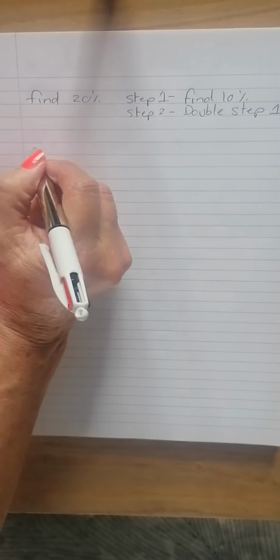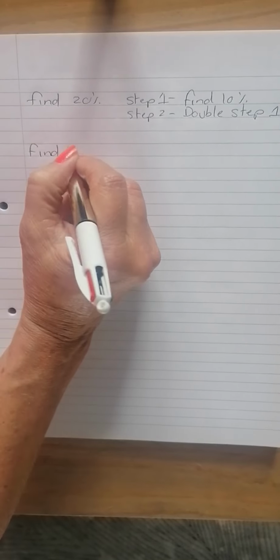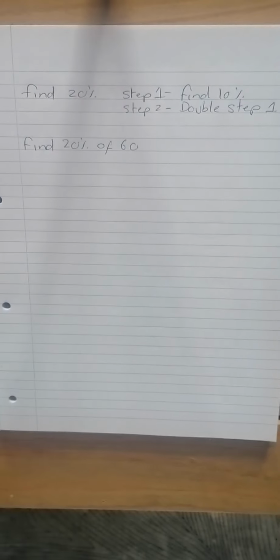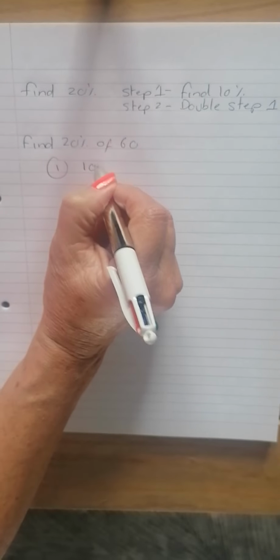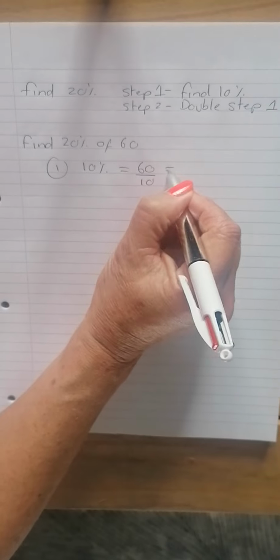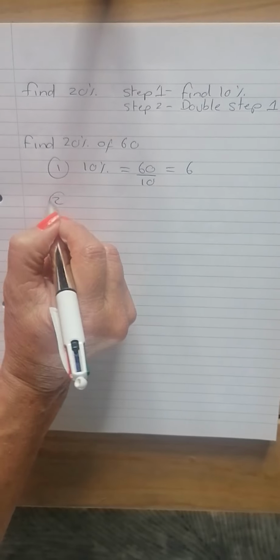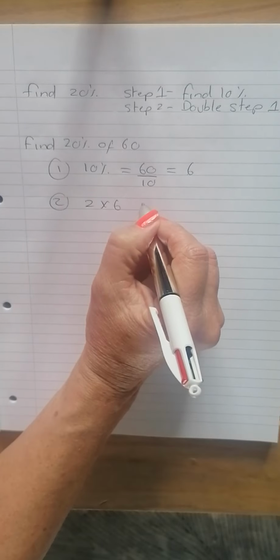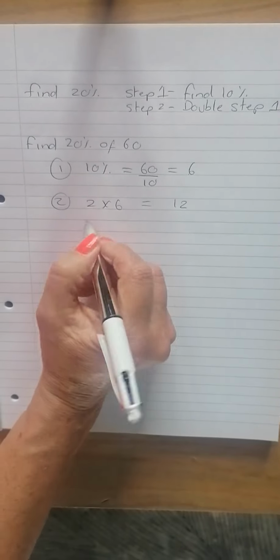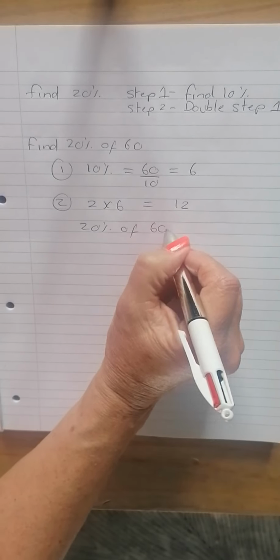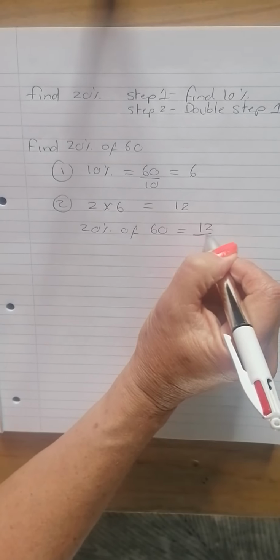So let's find 20% of 60. So step 1, find 10%. And remember, to find 10%, all you do is divide by 10. Step 2, double this answer. So 2 lots of that is 12. So we know 20% of 60 equals 12.